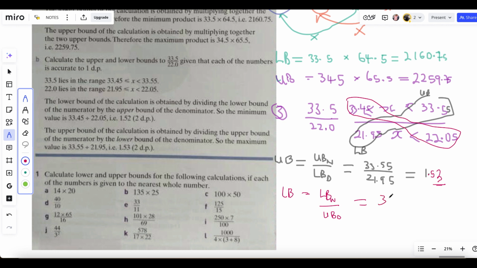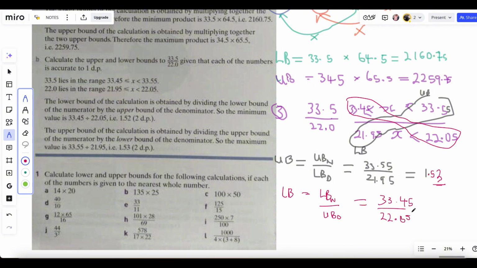So this gives us 33.45 divided by the upper of the denominator, which is 22.05.